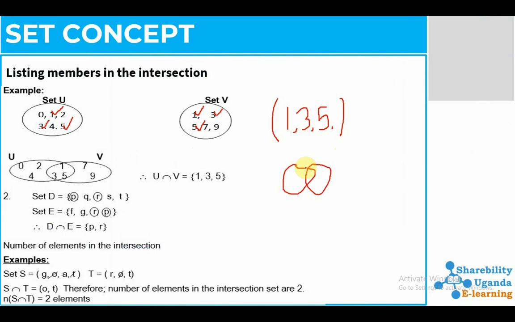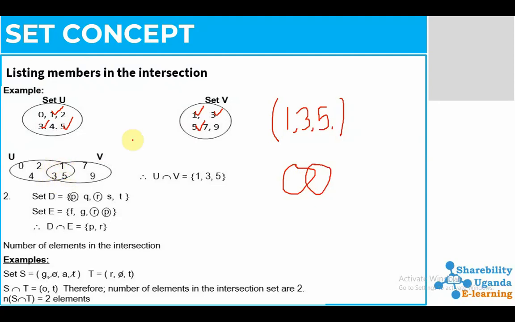We are saying we shall be able to bring these members here, and see the intersection of set V and this one. So it is the same done here. That's why these members 1, 3, 5 have been allocated as intersection.